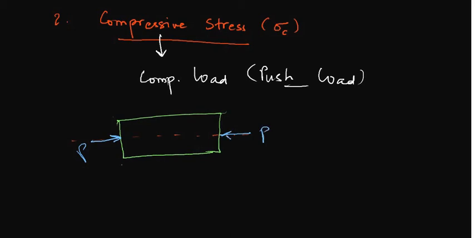The length is L. So now if you are applying a compressive load onto it, this value of length would decrease, isn't it? So we can say that the compressive stress tends to decrease the length of a member.